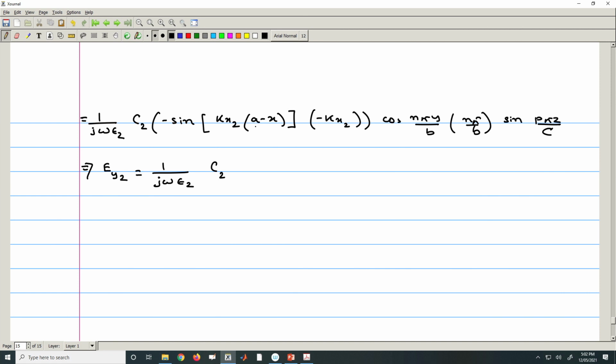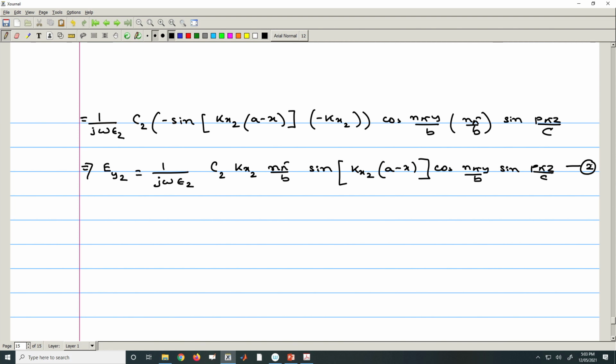This minus minus gets plus, so C2 kx2, then n pi by b, sin of kx2 (a minus x), cos of n pi y upon b, sin of p pi z upon c. So this is E y2, and we can give this as equation number 2.